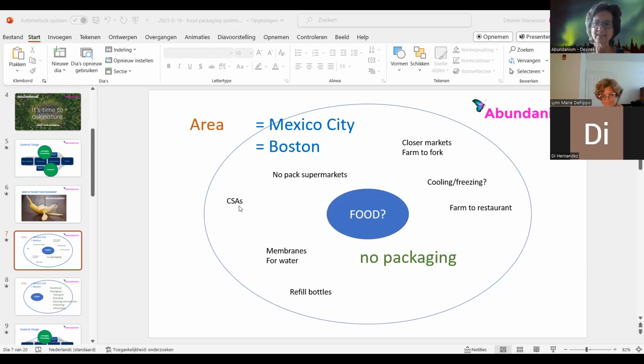And if you have a dry product, like I told you about my friend who makes cosmetics from seaweed, a facial pack, she dries it, and then it's easier to package because you can use much more sustainable packaging. And then you make the consumer add the water again. So there are lots of possibilities if you start thinking in the flows and not so much in, I'm going to design a packaging.